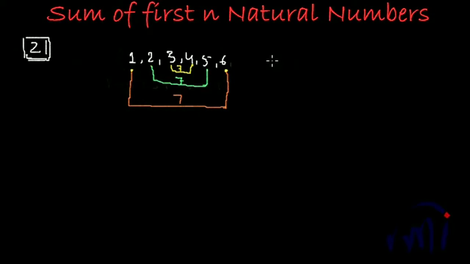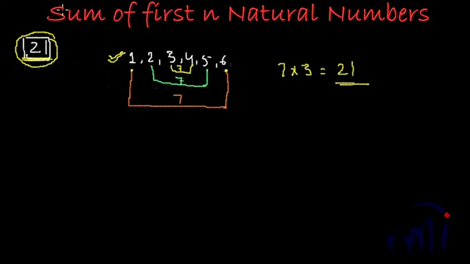The total sum will be 7 multiplied by 3, that is 21, right? See, we have got 21 over here, and earlier also we had got 21, so this proves that this method works.